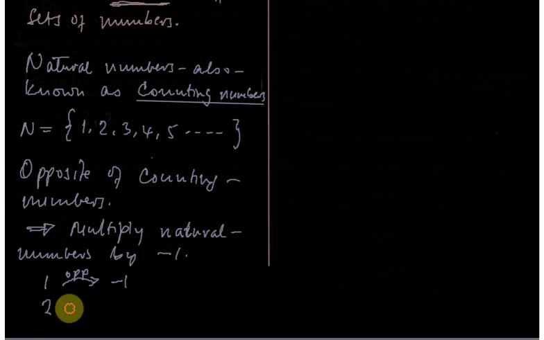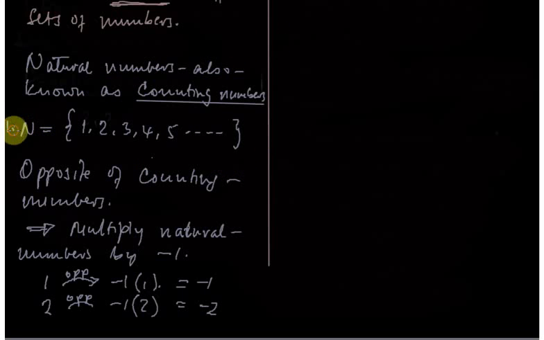If it is 2, you multiply by -1, you get -2. So 1 multiplied by -1 gives you -1, and this gives you -2. You see that everything here will be multiplied by -1. So we have another set.